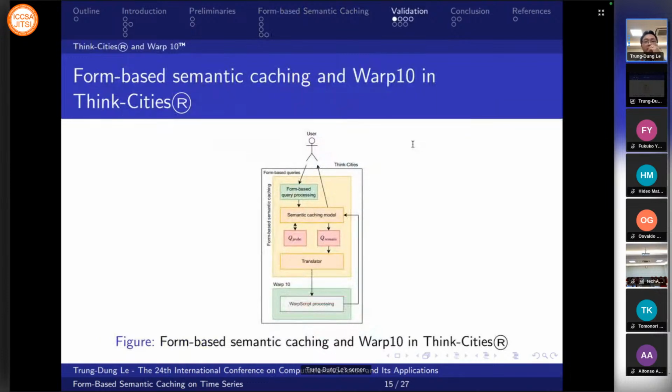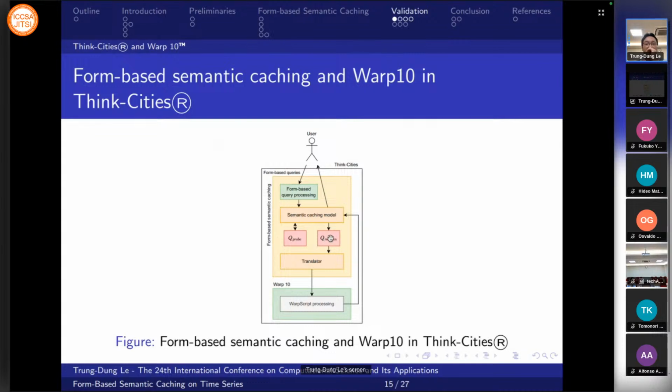The next section is the validation section. First, we apply the form-based semantic caching in the ThinkCity project, and the time series data management system is WAP10. In ThinkCity, the sensor can send a message or query to the form-based query processing, and after that, the semantic caching model can divide a query into the probe query and the remainder query.